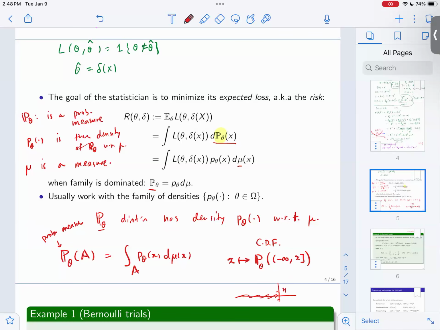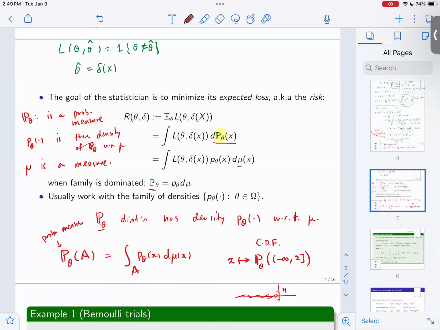It could be Lebesgue measure, but we don't necessarily need to. There are some conditions like sigma finite measure, but for the most part, yes, Lebesgue measure or the counting measure. But at the level of measure theory, it can just be very abstract.